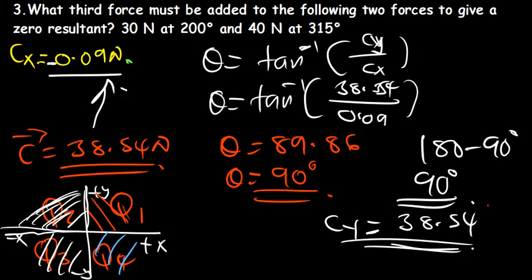The third force which is needed in this case is 38.54 newtons at an angle of 90 degrees. Then we are going to get the resultant to be 0. If you want, you can prove this by resolving each vector into x and y components and adding them, and you will get the resultant to be 0.